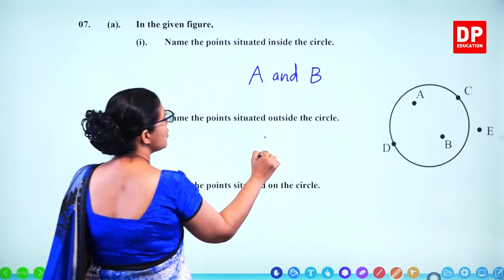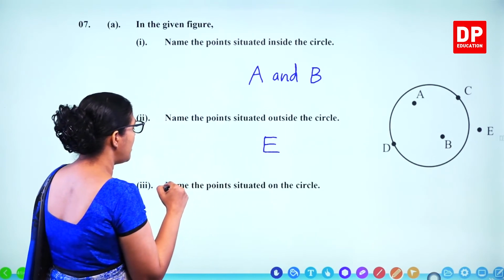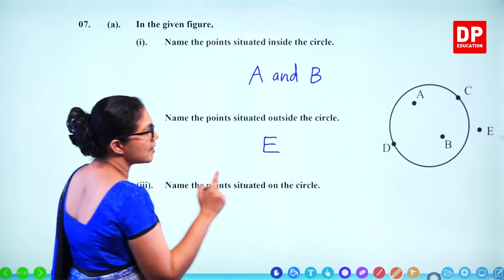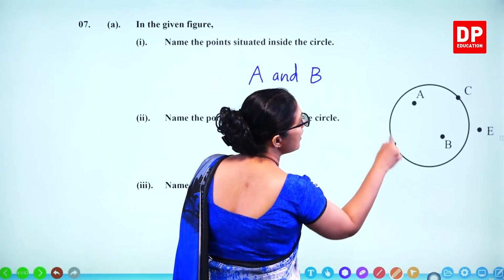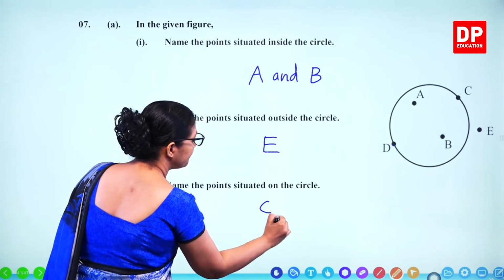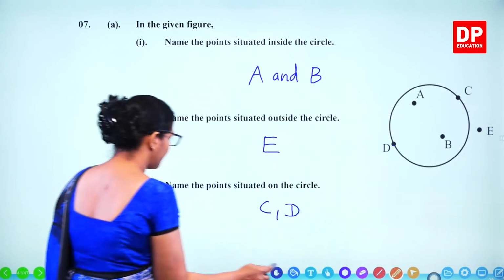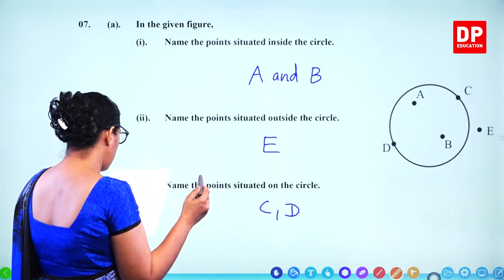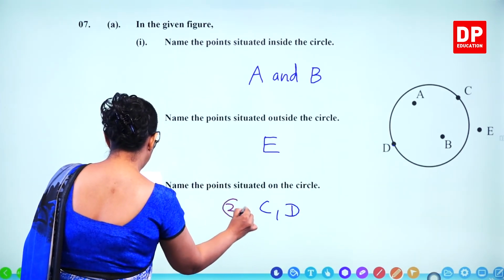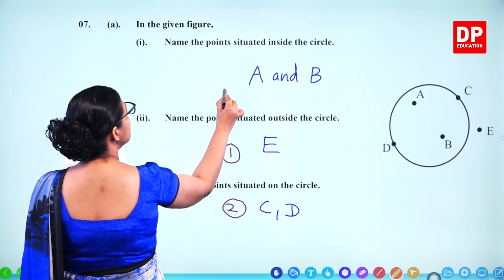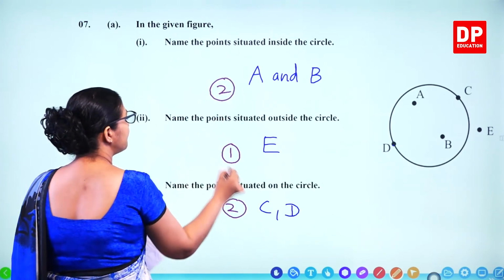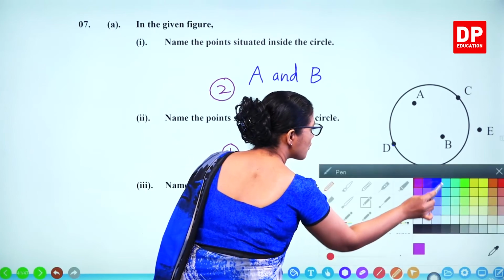We can see just E, outside. Name the points situated on the circle. That's on the line here, C, D. So you get 2 marks here, 1 mark and 2 marks here. 5 marks altogether there.